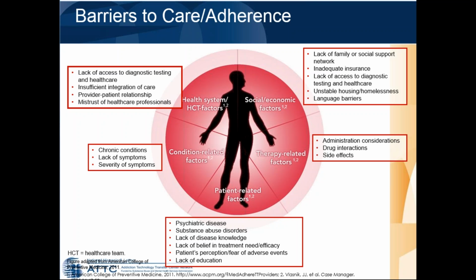So if you think about health systems, provider-patient relationships and mistrust of healthcare professionals has a big impact because a lot of patients may perceive that they may be like guinea pigs, or that these medicines may have toxicities and that they may not need these medicines, or they may not trust the healthcare system or even the providers, or they may even believe more what the neighbors or someone else tells them rather than what the provider is recommending.